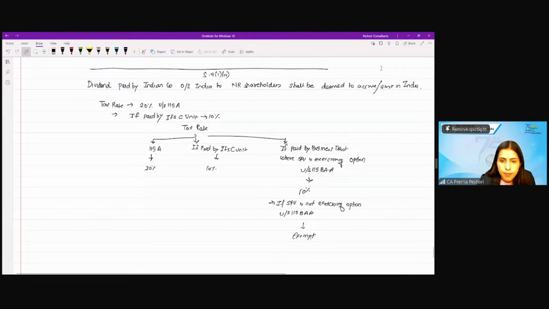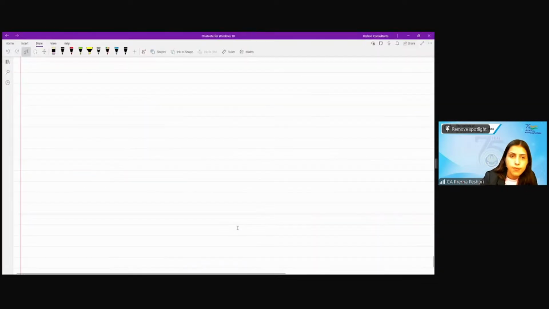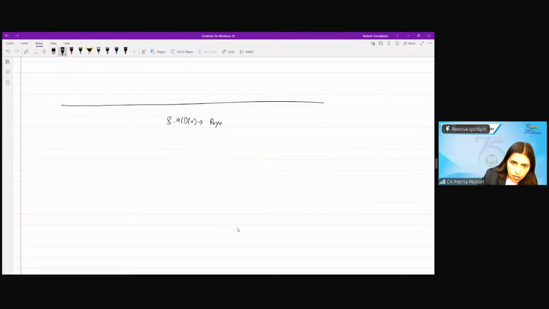Okay. So now let's move on to the next one, which is section 9(1)(v). Just write down. Now this is important. Interest, royalties.